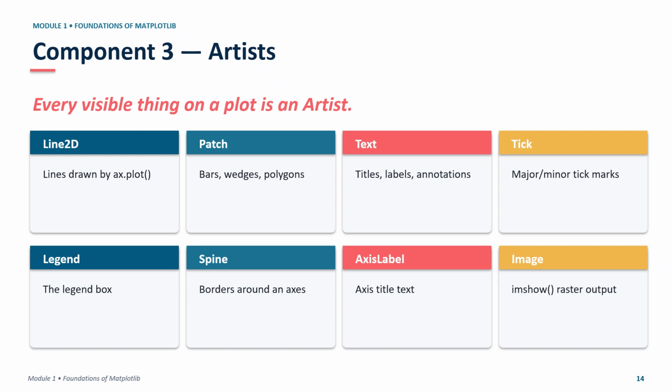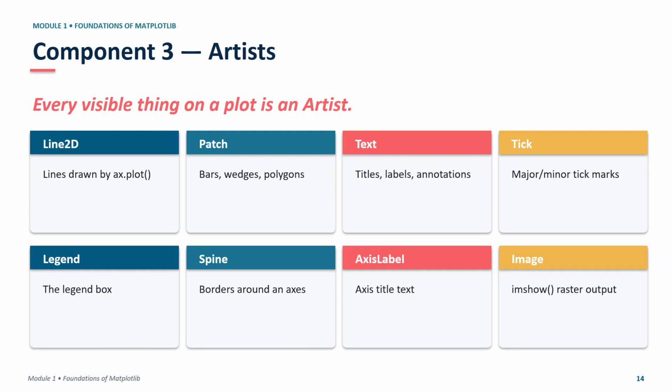Patch is any filled shape. When you call ax.bar(), each bar is a rectangular patch. When you call ax.pie(), each wedge is a wedge patch. Text: every piece of text is a text artist, including the title, the axis labels, the tick labels, and everything.